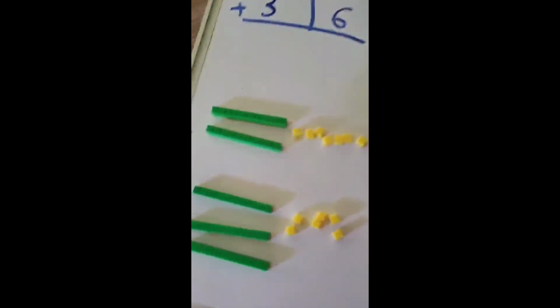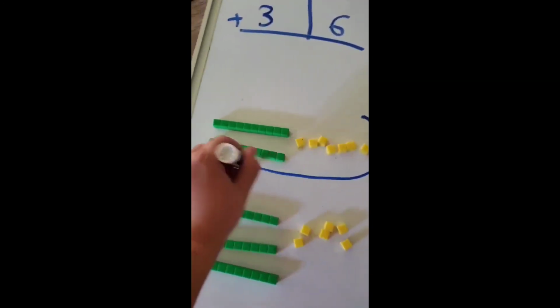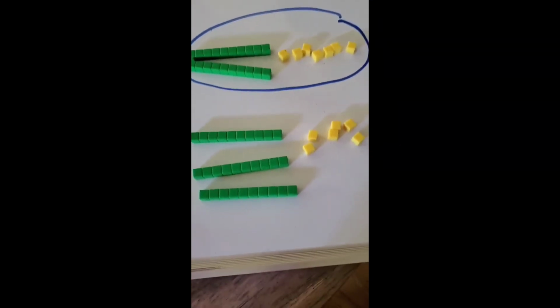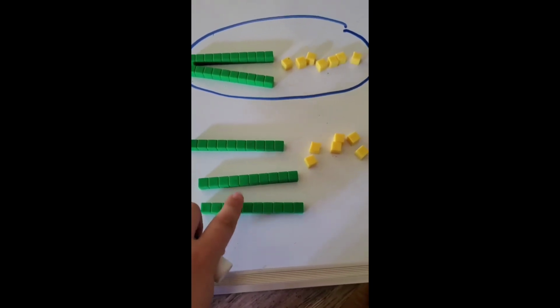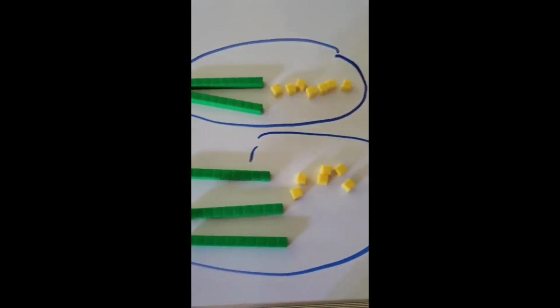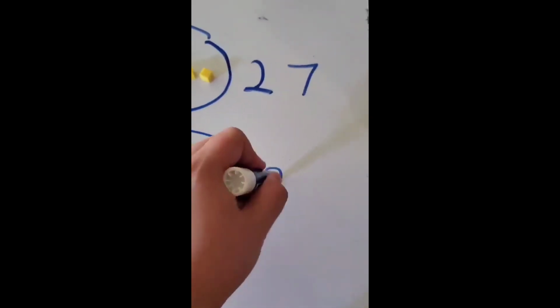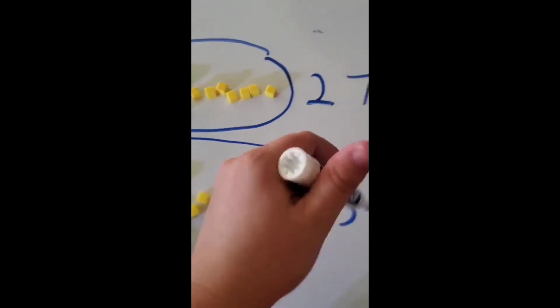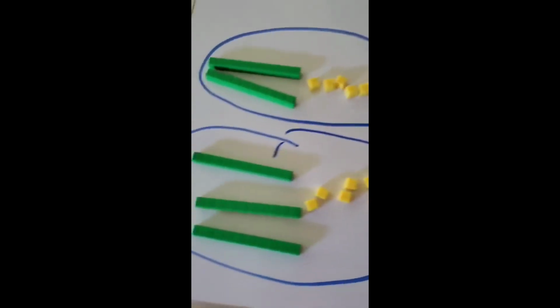So altogether, right here, I have 27, right? And now how many do I have right here? I have 3 tens, right? And how many units? 1, 2, 3, 4, 5, 6. I have 6. So altogether, I have 36.